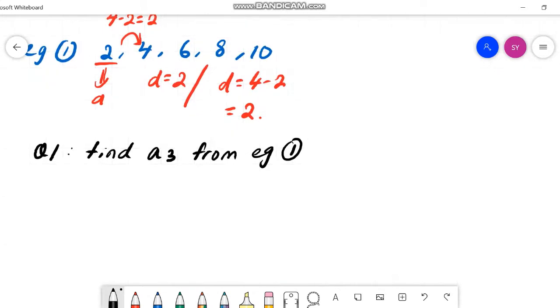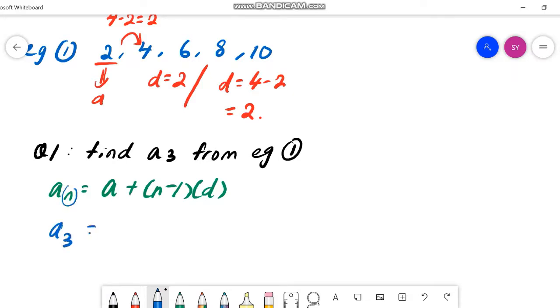So we are using back the formula given AN equals A plus N minus 1 multiplied by D. We have N as 3 from the question, and A is 2. So N is actually 3 from the question, 3 minus 1 multiplied by D. This is 2, so you multiply by 2. So we have the answer 6.